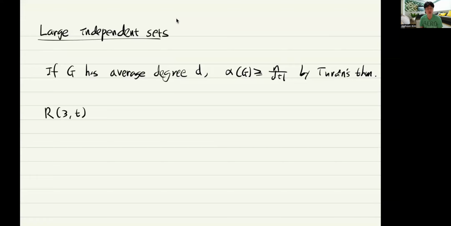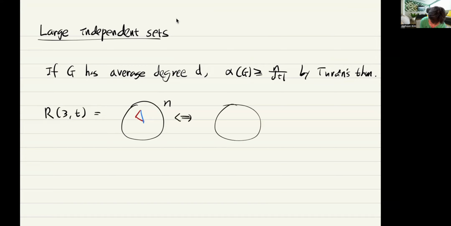So let's consider the Ramsey number where you have two numbers which are asymmetric. Let's say the first one is fixed at 3, and the second one is fixed at t. What does this mean? If you have an n-vertex graph, you want to color the edges with red and blue so that there is no red triangle and no blue clique of size t. This is the same as simply considering a graph which consists of only the red edges, where the blue edges are not there.